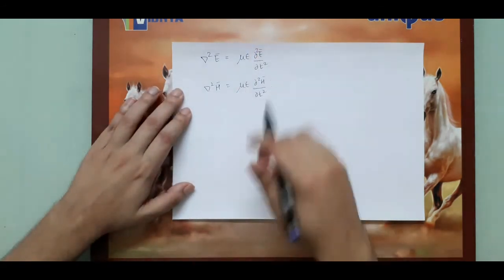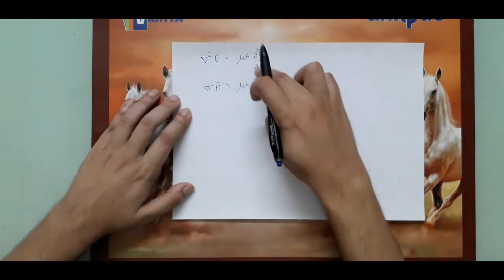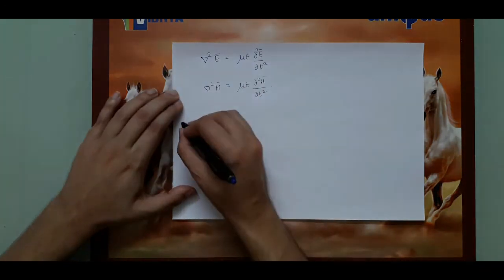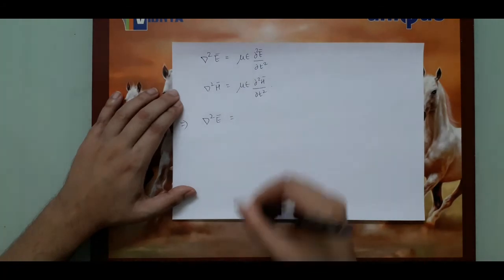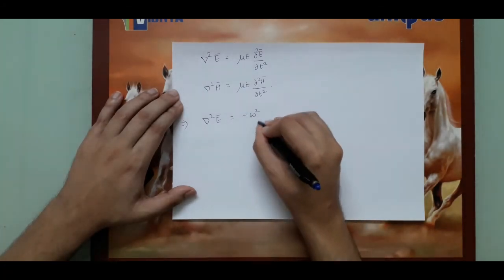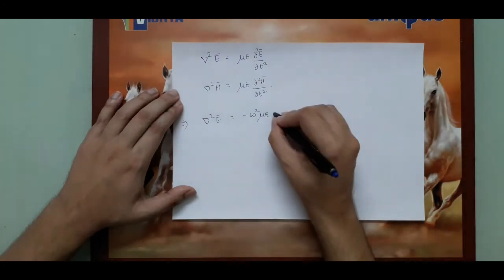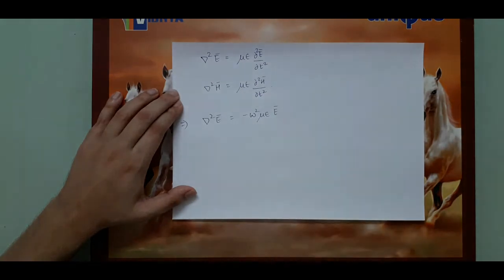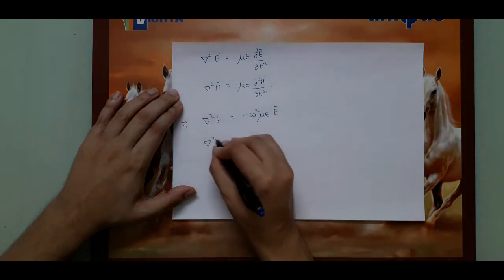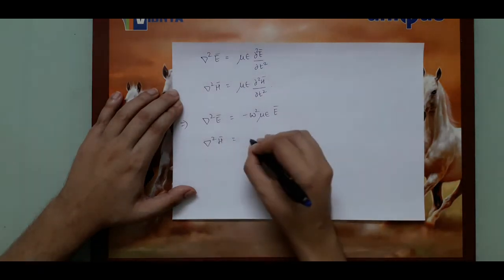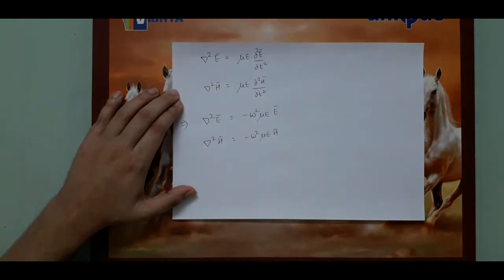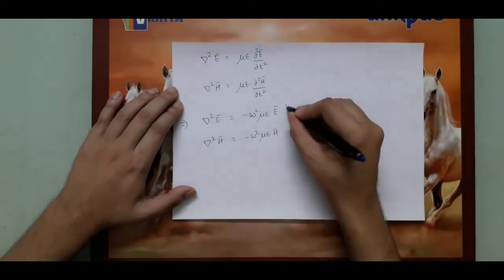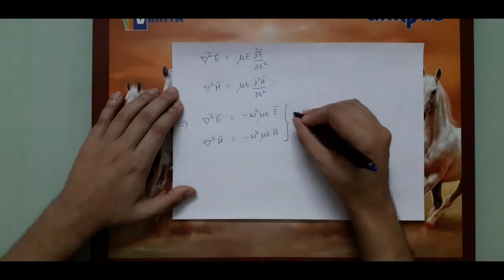So now let us write this in the way we derived, by replacing the second order time differential, and for the H field it is something of this kind. So these two are called the wave equation.